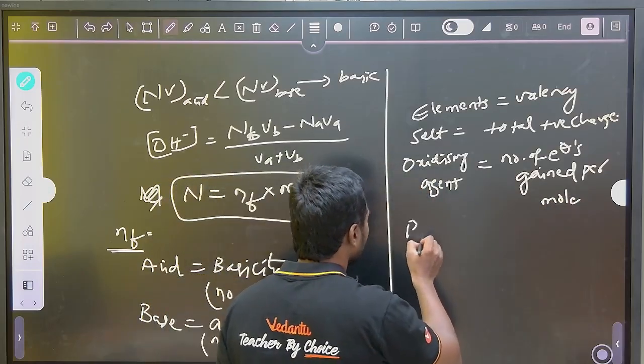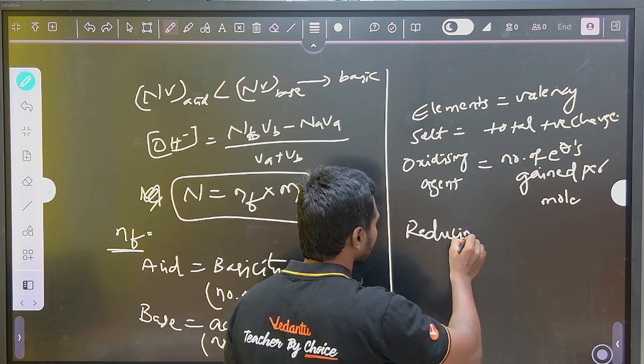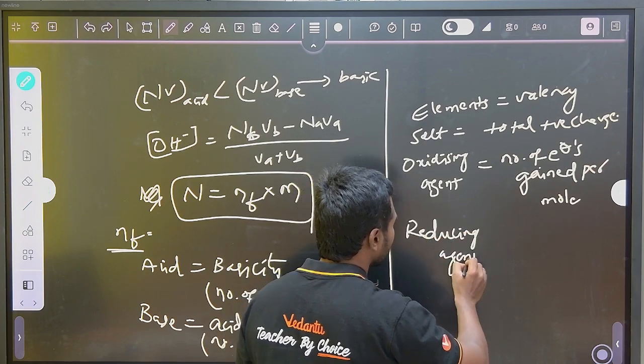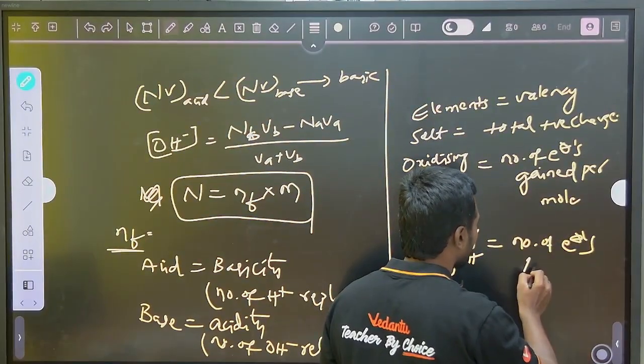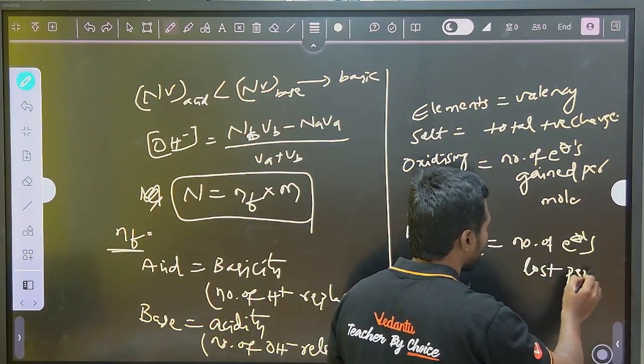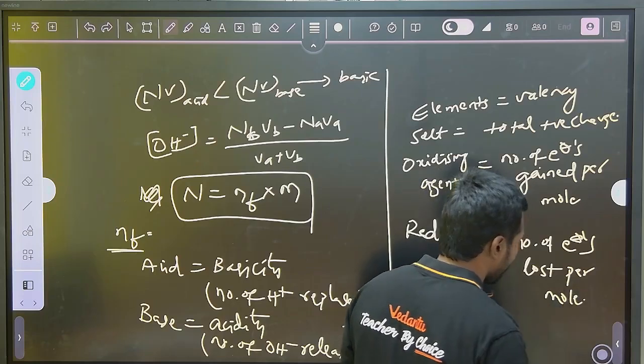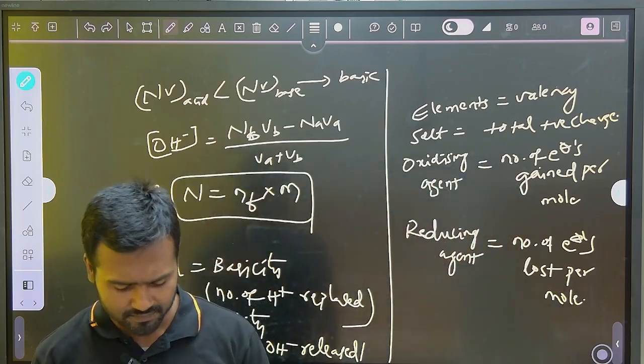Next, for a reducing agent, it is equal to the number of electrons lost per mole.